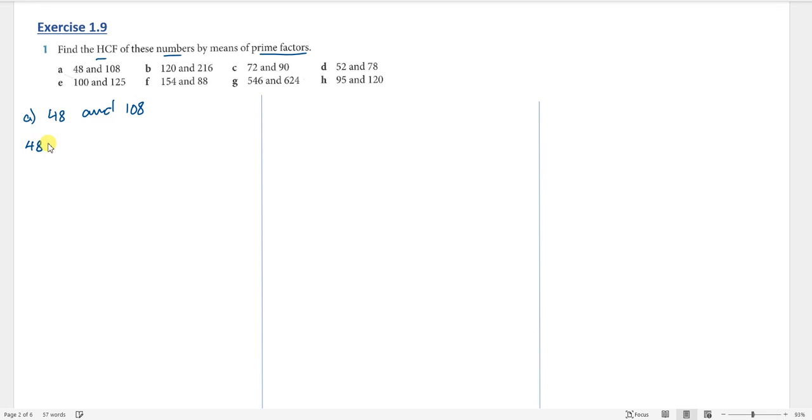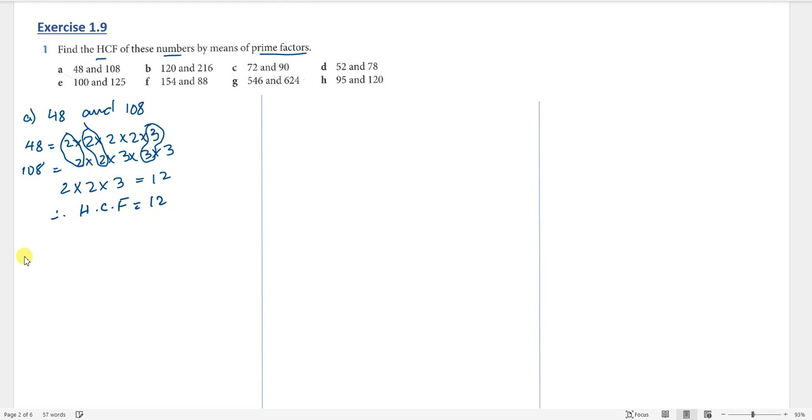So 48 is equal to 2 times 2 times 2 times 2 times 3, and 108 is equal to 2 times 2 times 3 times 3 times 3. So the common factors are 2, 2 and 3. So we have 2 times 2 times 3 is equal to 12. Therefore HCF is equal to 12.